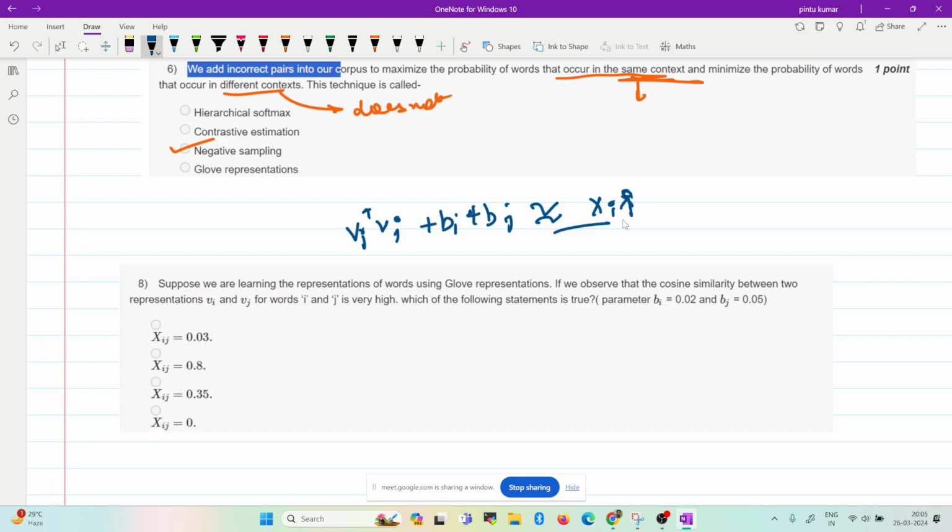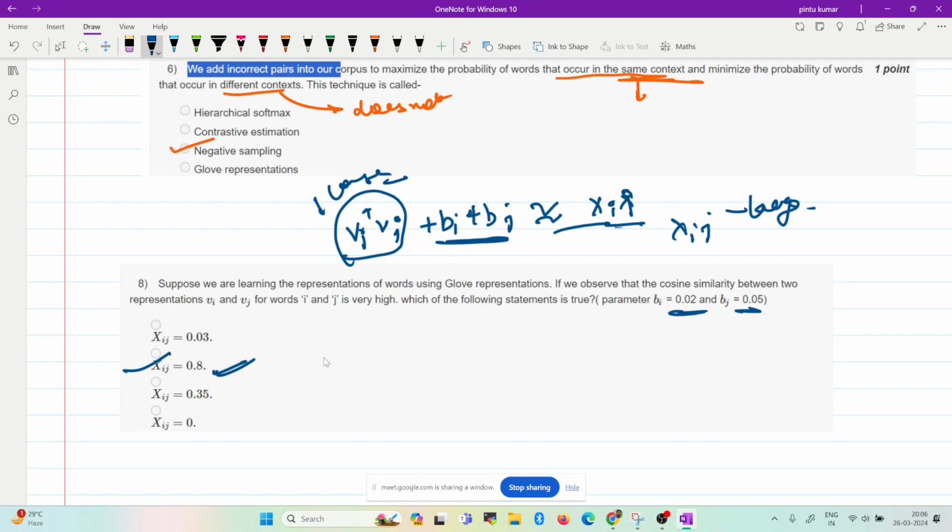This is the idea behind GloVe. Now these quantities are given to be very small, and this cosine is given to be large, right? So that would mean this Xij would be large. How large would it be? What is the maximum that you can see here? So this is the most probable answer. So 0.8 is the correct answer.